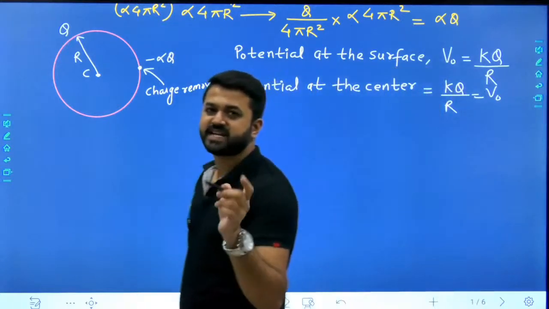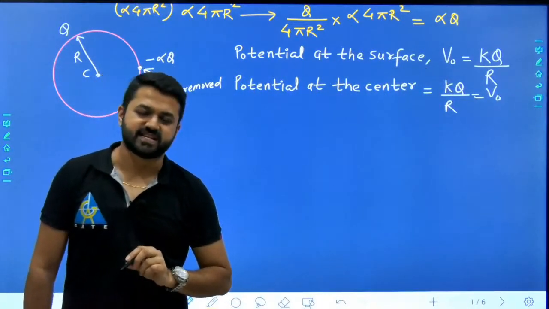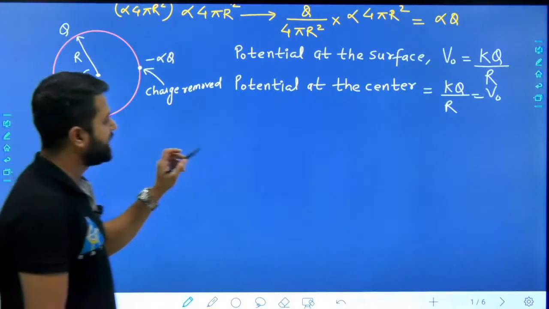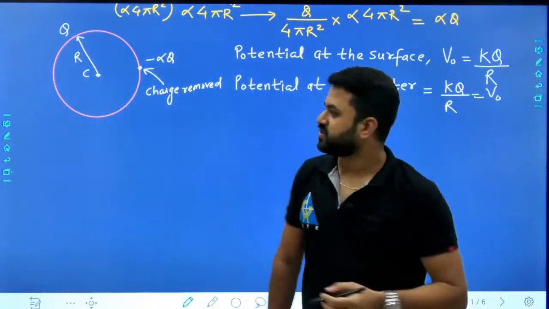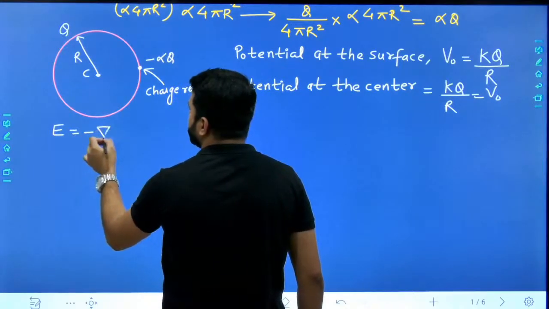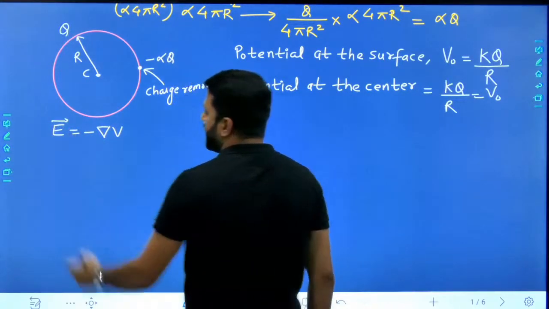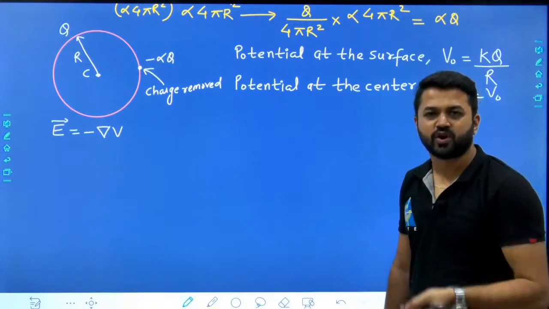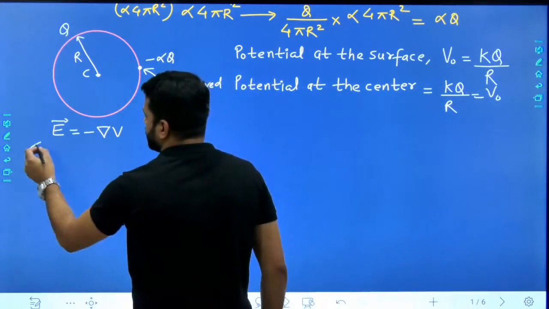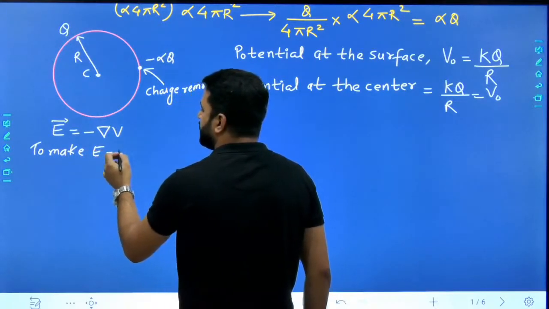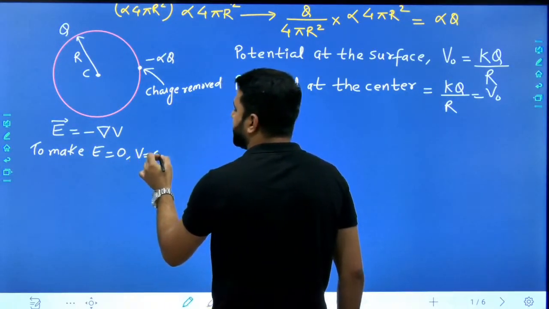Because the electric field inside the sphere is 0. If the electric field is 0, we know that E is equal to minus gradient of V, and to make the electric field 0, V should be constant.